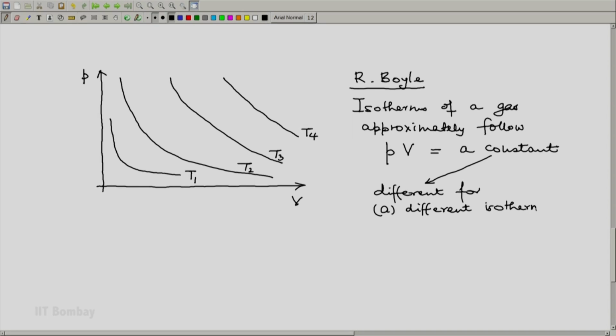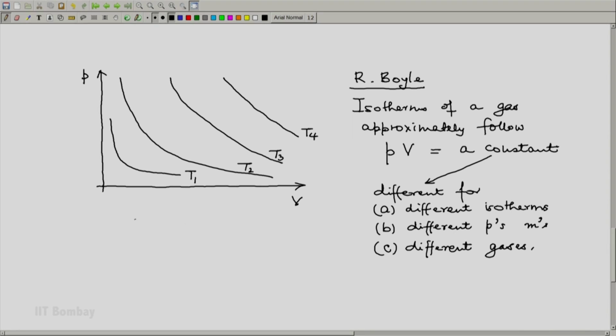The value of the constant can be used as a measure of temperature, but it is also different for different pressures or different masses. For the same volume, if you increase the pressure, you are increasing the mass of the gas in our system. And it also depends on which gas.